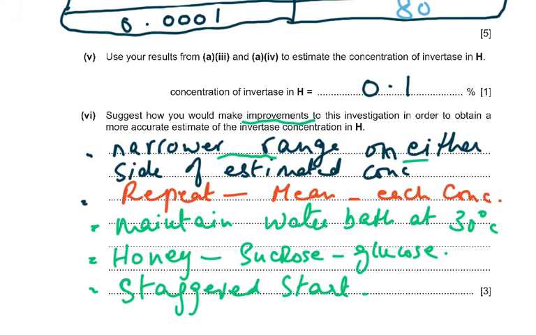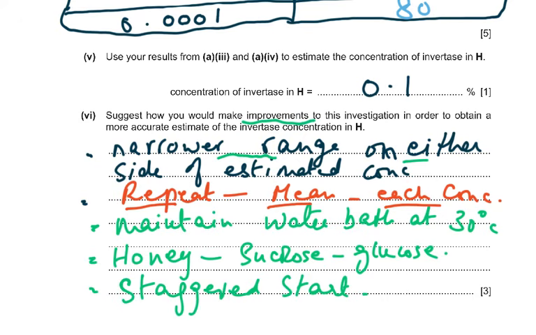We think it's 0.1, so we should take more between 0.1 and 0.2 and even before 0.1, so between 0.05 and 0.2. Then this is something which you write nearly in every one: repeat, so that we calculate the mean and we can remove the anomalies.